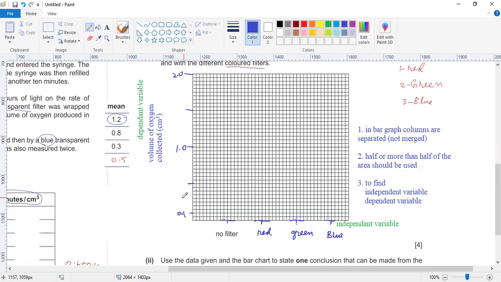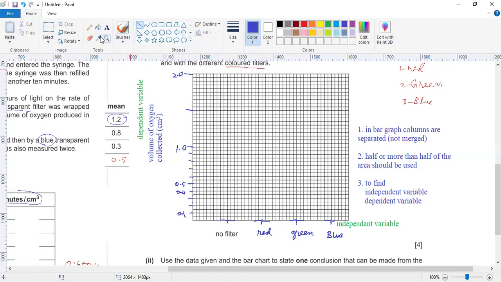So if it is 0.1, then 0.2, 0.3, 0.4, 0.5, 0.6, 0.7, and so on up to 1.8. Okay. So here we can take our readings.